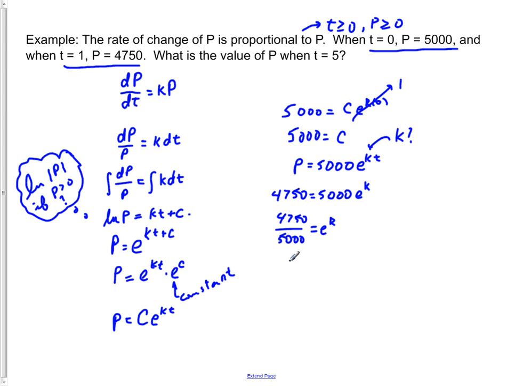And so if we want to solve for k, we're going to take the natural log of that quantity, 4,750 divided by 5,000. So I put this into my magic little calculator right here, and I come up with a quantity, and I'm just going to round: negative 0.0513.